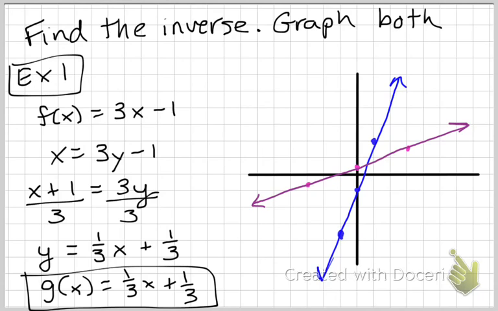Now, if you trace the line y equals x, you will see that these do reflect over the line y equals x. So we know that they are, in fact, inverses.